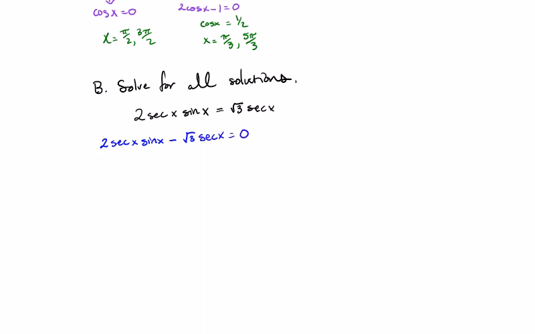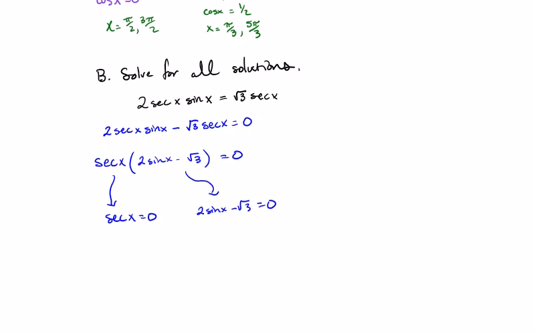Greatest common factor is going to be that secant of x. So we'll pull that out, and we'll be left with 2 sine of x minus rad 3 equals 0. So then we're going to set up our two equations: secant of x equals 0, and 2 sine of x minus rad 3 equals 0.